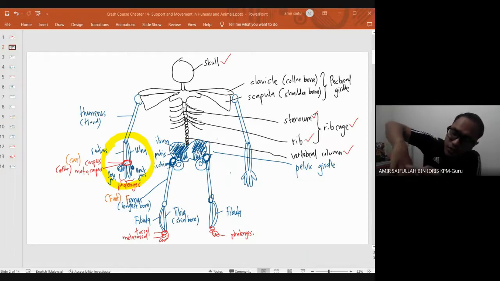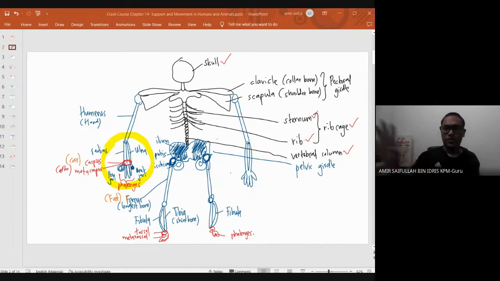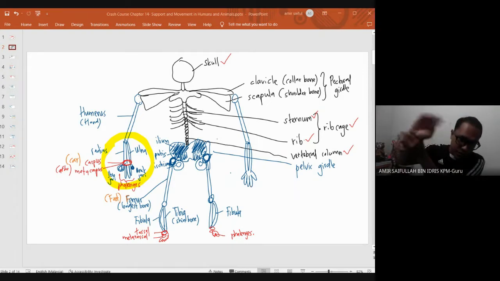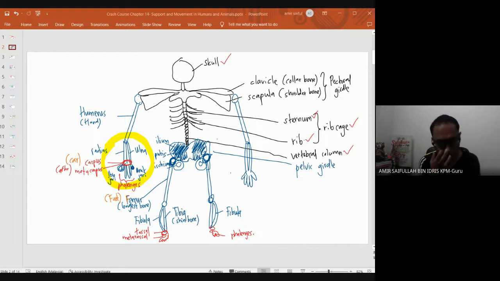Okay, and then all your fingers bone are called phalanges. Okay, phalanges. Okay, dah settle. So daripada atas, humerus, radius, ulna, carpus, metacarpus, phalanges. Okay, clear? Itu saja.